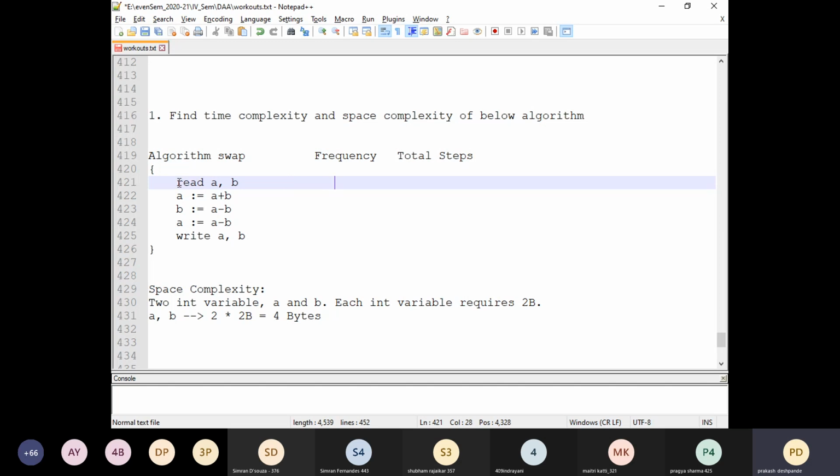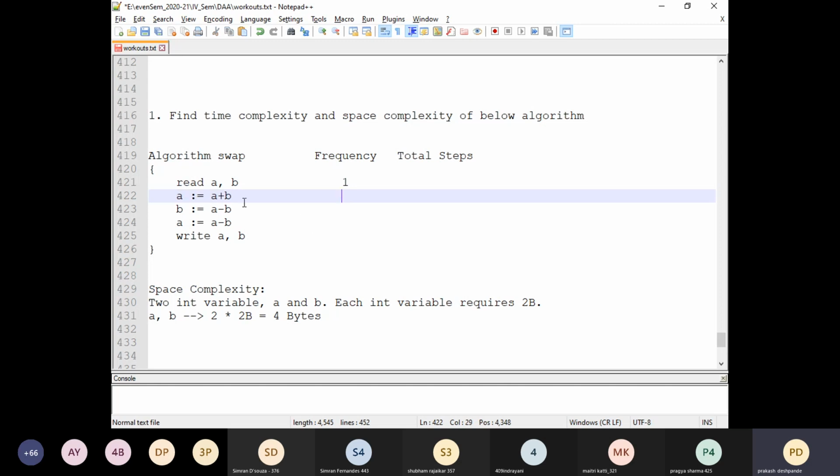Now, the first line is an input operation, right? So this input operation will be executed only one time. That means the frequency of this instruction is only one time, so I will write it as 1. Now, the next statement is A is equal to A plus B. This will be executed again only one time when the algorithm is executed.